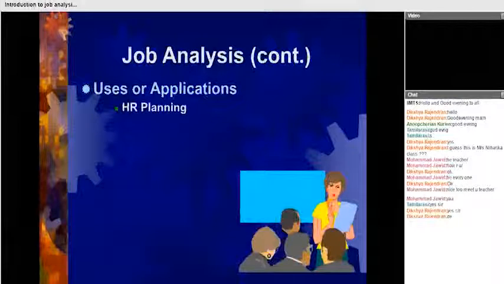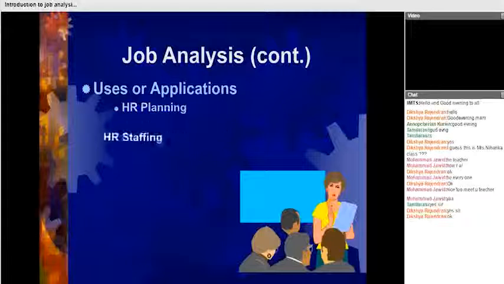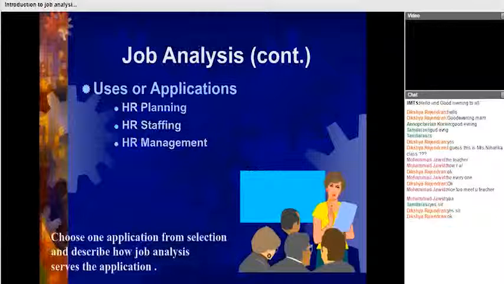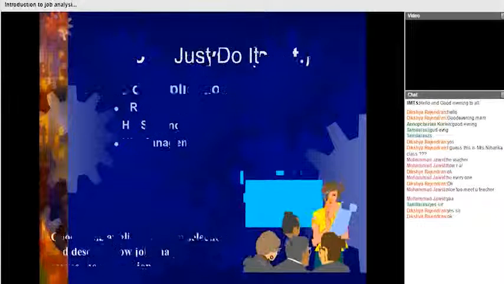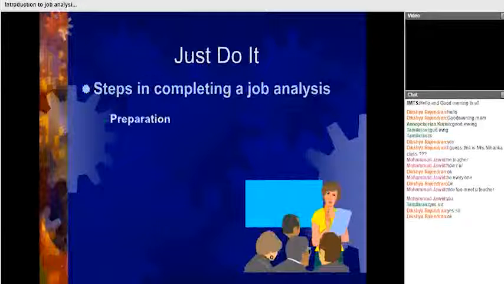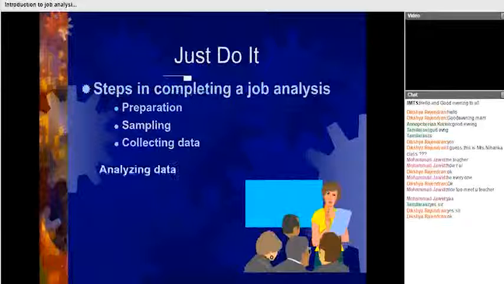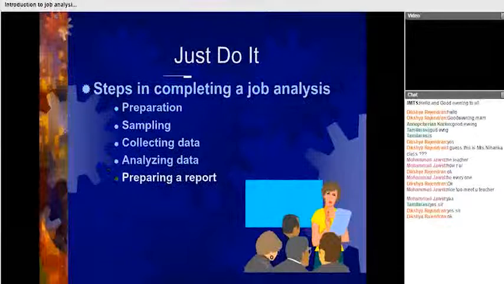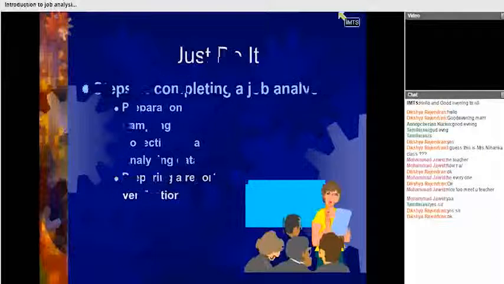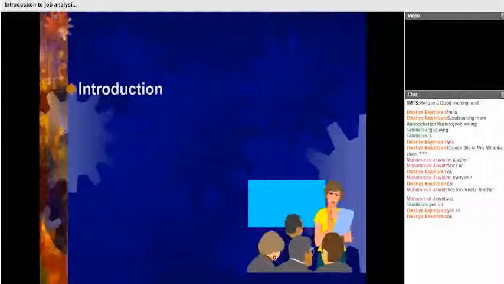Uses and applications: HR planning, HR staffing, HR management. Then steps in completing job analysis: preparation, sampling, collecting data, analyzing data, preparing a report. So this is basically what we are dealing with.